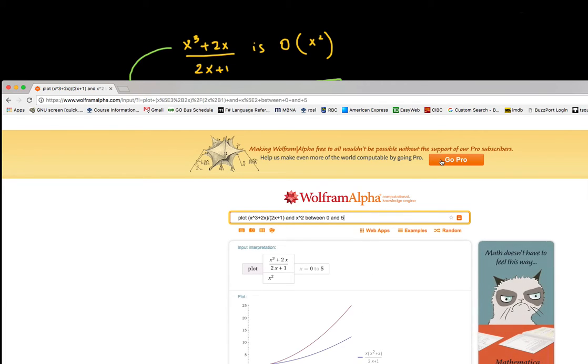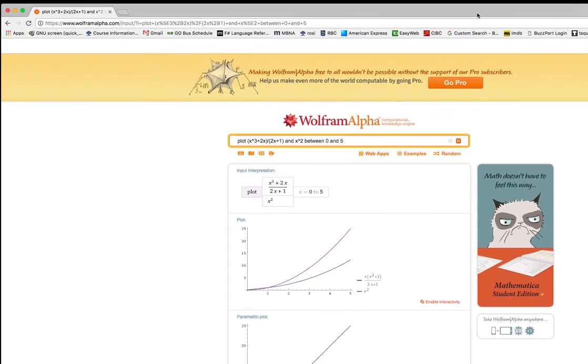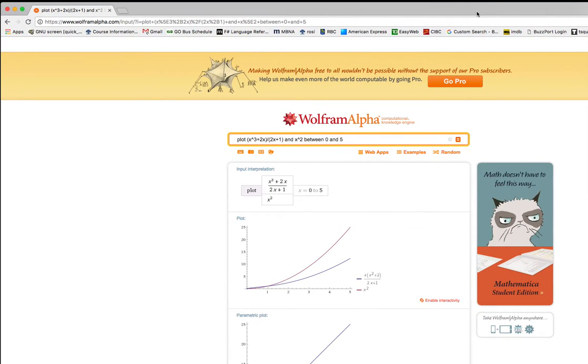So when I plot this, I can see on my curve here that my red function over here is x squared, and the function in blue over here is x cubed plus 2x over 2x plus 1.